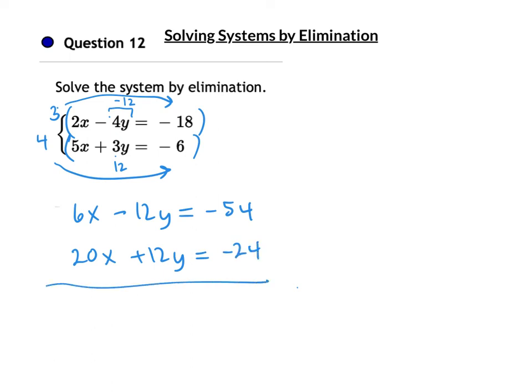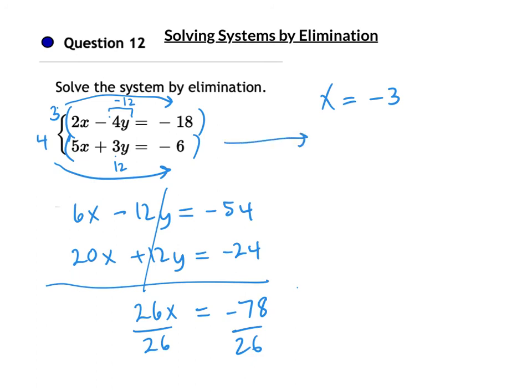Always add everywhere. We add because we have opposites right here. Those two are eliminated. I get 26x equals negative 78. Divide both sides by 26. X will equal negative 3. Negative 78 divided by 26 is negative 3.